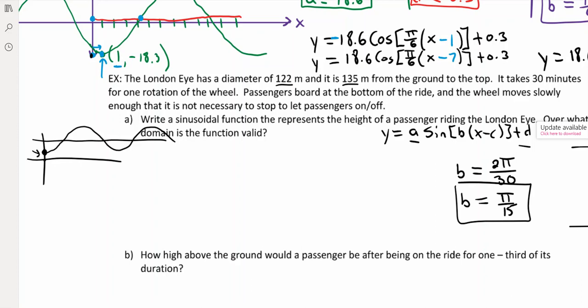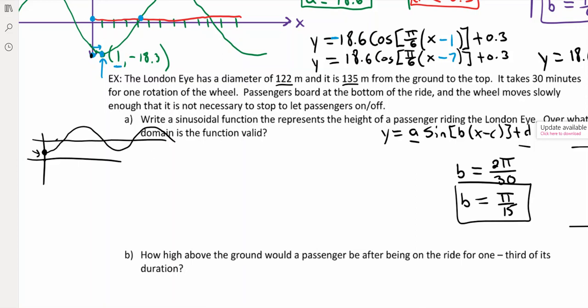Well, I'm starting at a peak, right? So just like the last question, I think cosine is going to be the one to go with here, because if I was starting with sine, then I'd have to think about how far I have to stretch this graph, or how much to shift this graph over to get to that point. And I don't really know. So I'm going to start from a peak, so I'm going to use cosine.